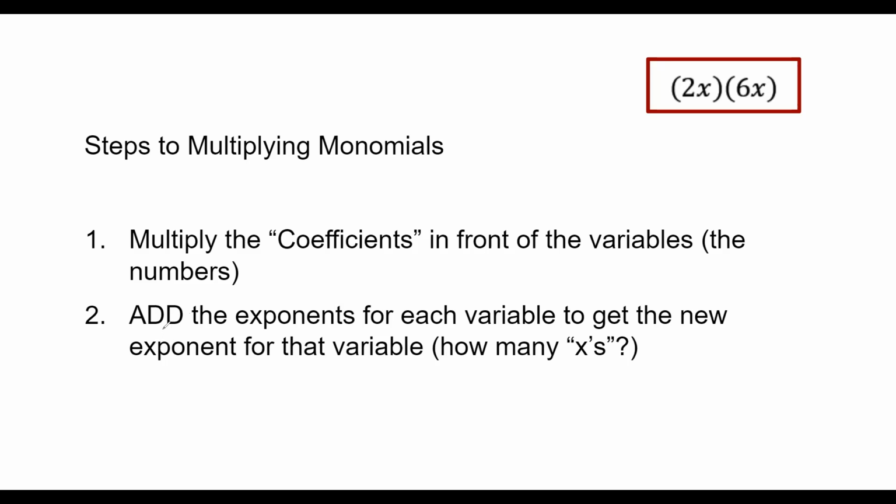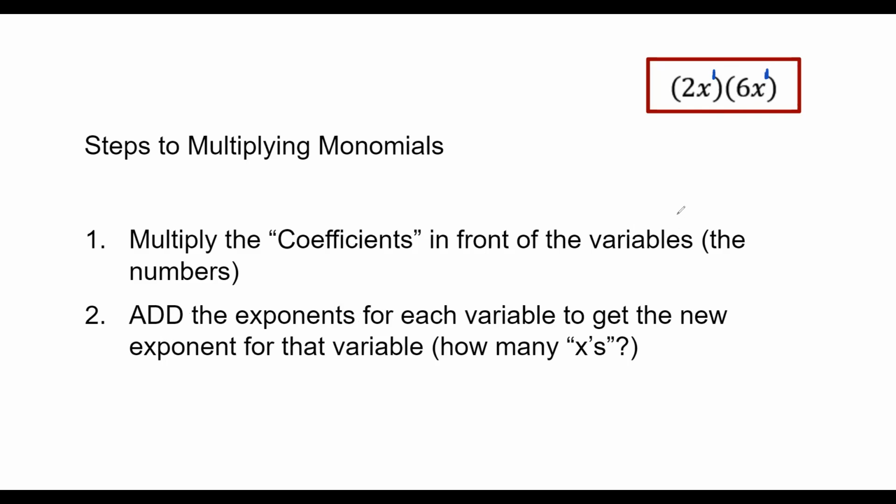The second step is to add the exponents for each variable to get the new exponent for that variable. So in this case, we will look at our two variables and we'll notice that there aren't any exponents. When there aren't any exponents, you need to remember that there is actually an exponent of 1.